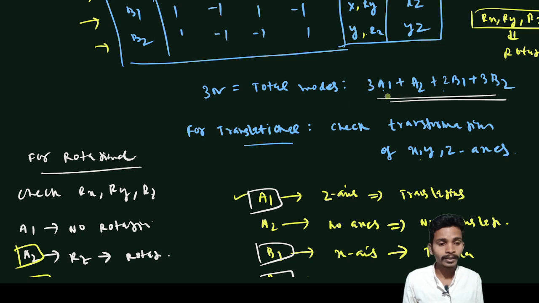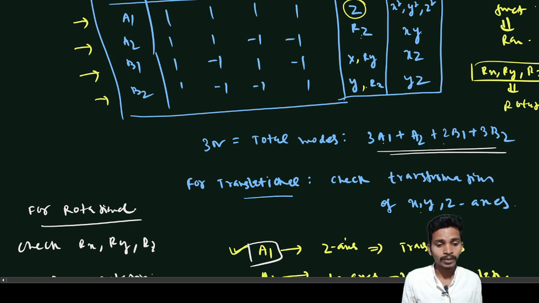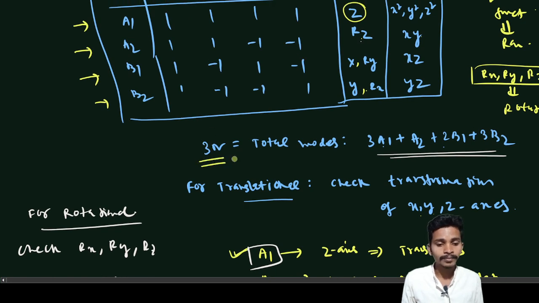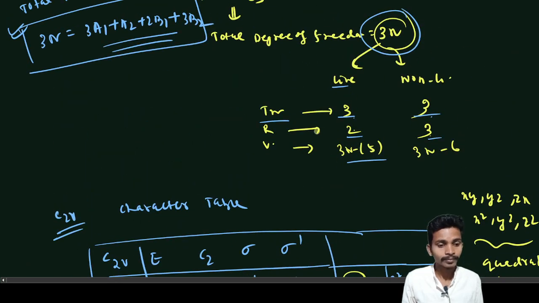If you write 3A1, then this will cancel and we will not get the vibrational modes. So we will take only a single value. The total is this. From here we will add translational and rotational to get the vibrationals.